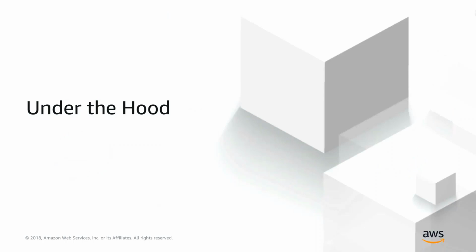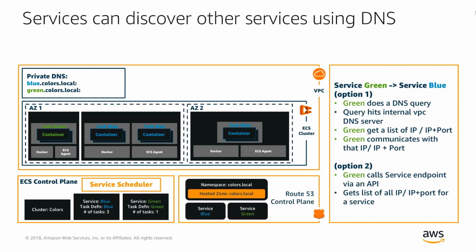Under the hood, let's look at some diagrams of how this Route 53 service discovery is operating in the ECS cluster. Here's an example of a small cluster that has 2 services, one that's called blue and one that's called green. And I can see in here that there are 3 different blue service tasks and 1 green service task. And the way they got placed into this cluster was by using the ECS control plane.